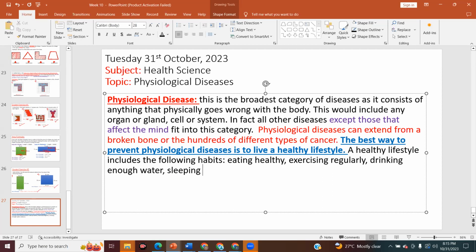Sleeping on time. What else? How about getting sunlight exposure? Having regular visits to the doctor.